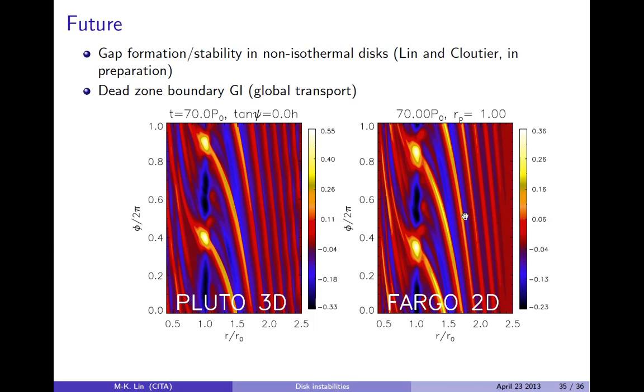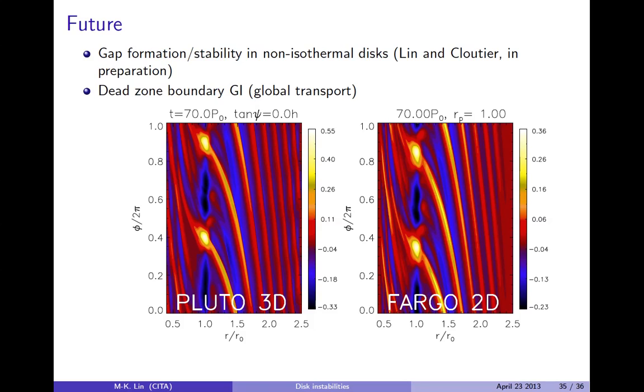So these are preliminary simulations done with the Pluto three-dimensional code and the Fargo 2D code. And this is a disk with a viscosity jump at unit radius, and the disk mass is actually pretty high, although it is still gravitationally stable in the Toomre sense. So it's quite interesting to see, first of all, the correspondence between 2D and 3D, and also the fact that, yeah, you can have this gravitational edge instability due to a difference in viscosity.